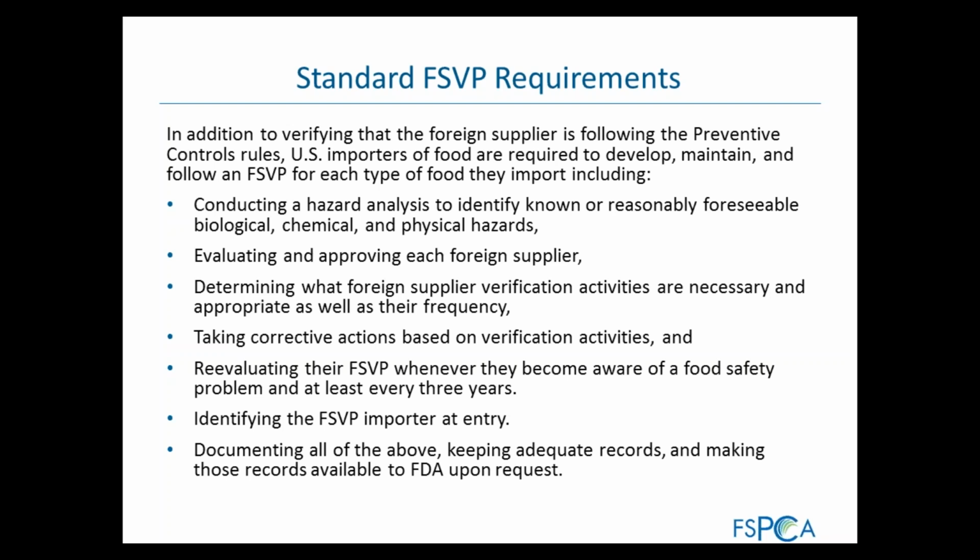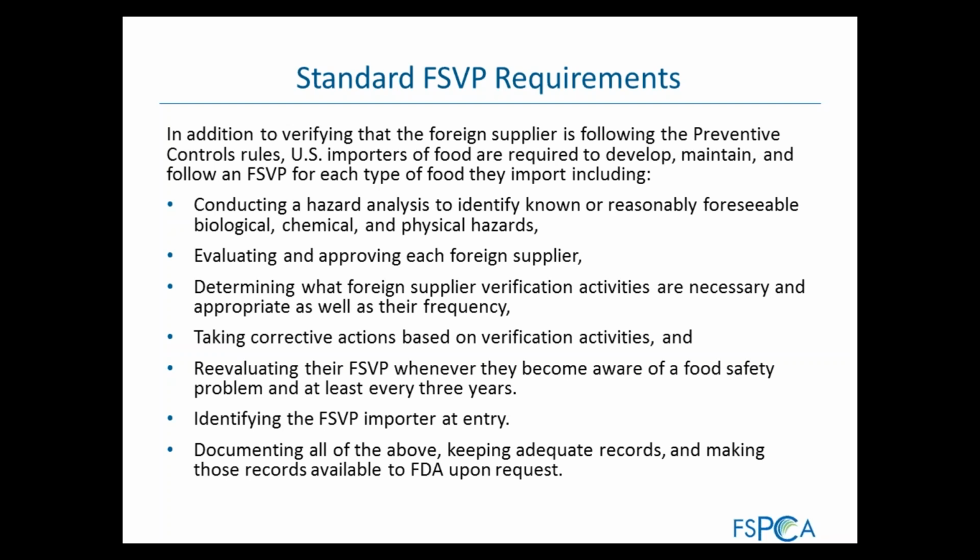So for foods that you are importing under the FSVP requirements, you would need to conduct a hazard analysis to identify known and reasonably foreseeable hazards that are biological, chemical, and physical, evaluate and approve each foreign supplier, determine what foreign supplier verification activities are necessary and appropriate, as well as their frequency, take corrective actions based on those verification activities, and reevaluate the FSVP whenever you become aware of a food safety issue, or at least every 3 years.